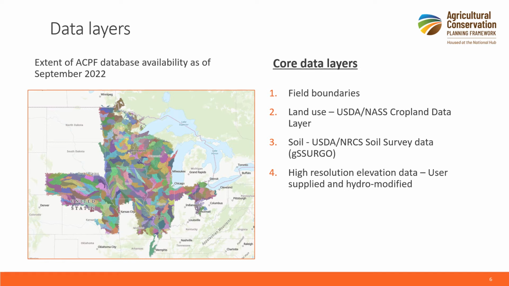If a watershed of interest does not have a core data set available for download, the ACPF toolbox has a utility toolbox within it that can be used to build and structure the core data needed to complete an ACPF assessment. Now we will discuss each of the required input data layers in a little bit more detail.